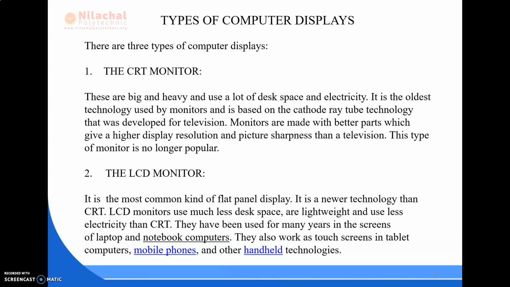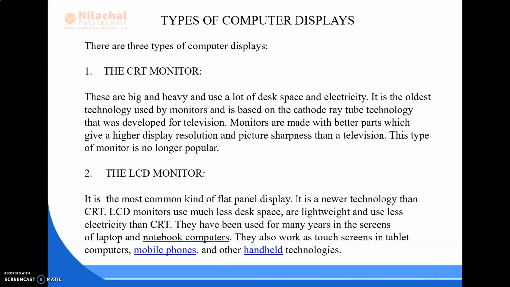Monitors are made with better parts which give a higher display resolution and picture in case of CRT monitors. The picture sharpness is much better than the other display technologies. But this type of monitor is no longer popular because of its larger size and higher electricity consumption.